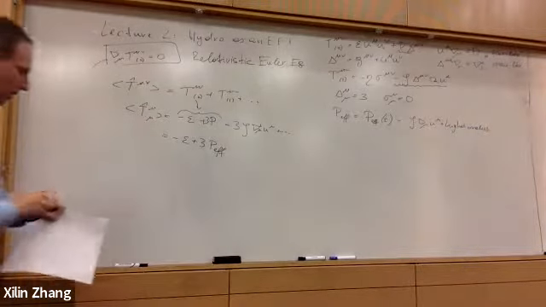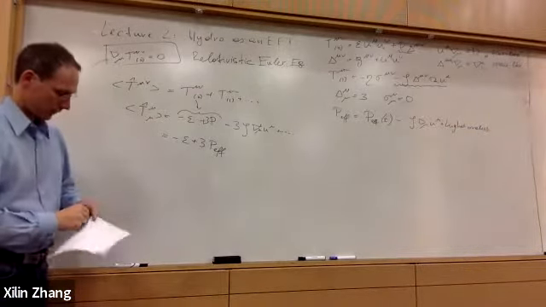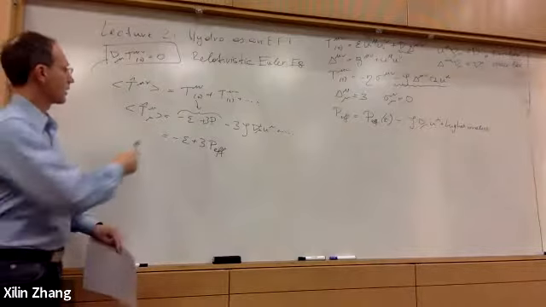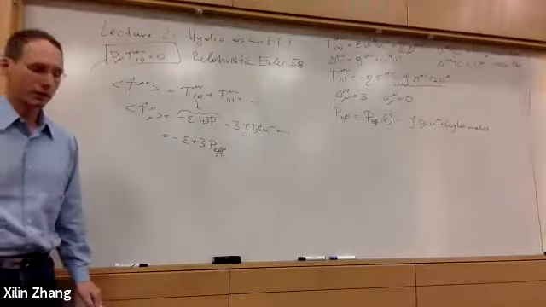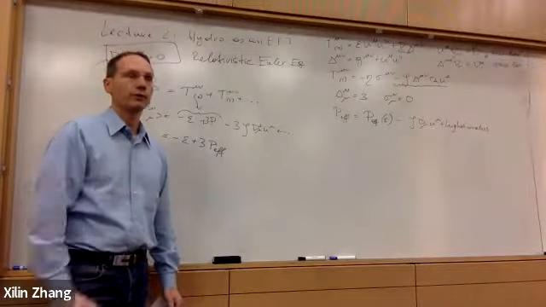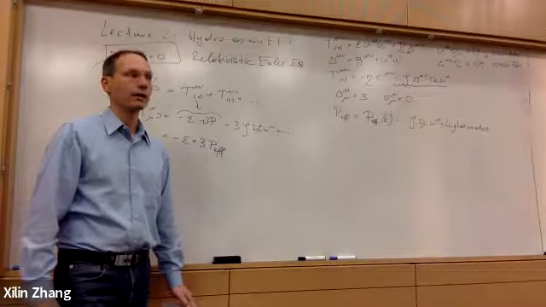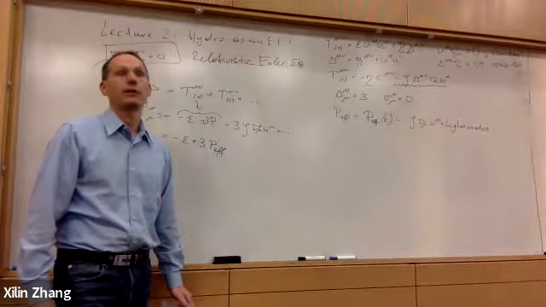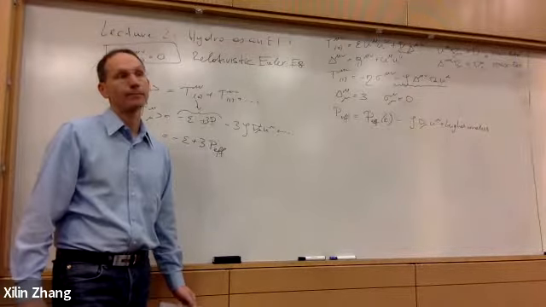Now, away from equilibrium, the trace of the operator of the energy momentum tensor no longer will match with the equilibrium trace anomaly. Okay, so that's not something you can expect.